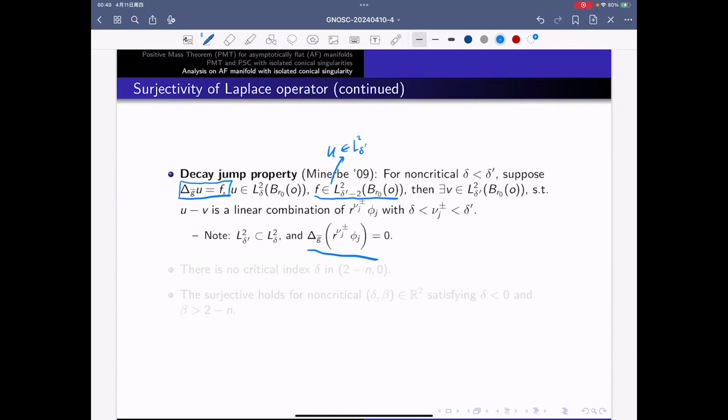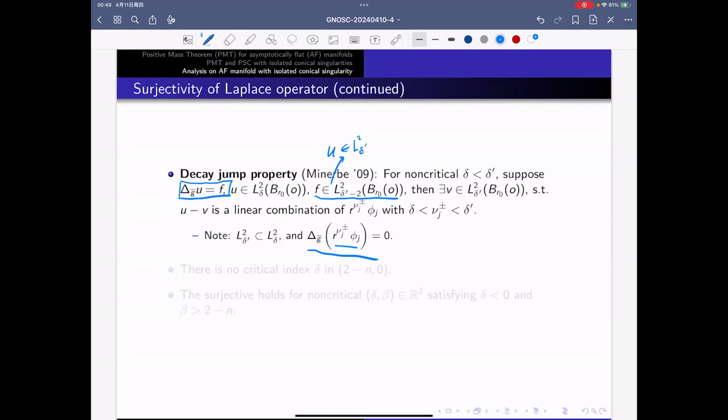So if we use a spectral decomposition on the cross section, then we can see the kernel of these harmonic functions on the cone can be written as the sum of these kind of functions, right?